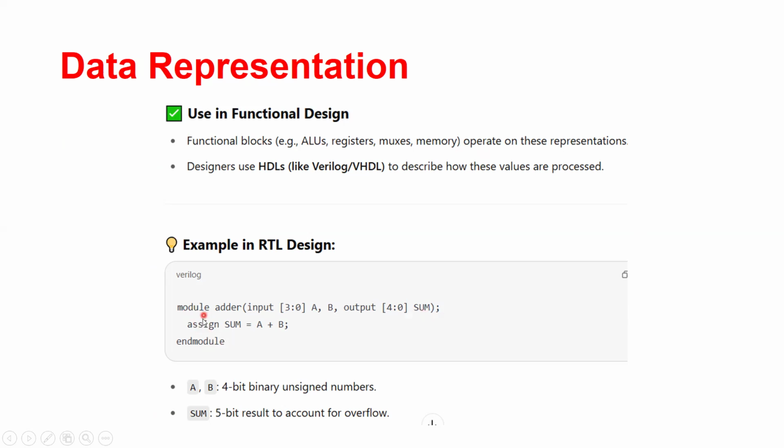So you write this syntax here: assign sum equals A plus B, and then end the module. So sum here is your 5-bit result. That is 4-bit sum and 1 bit to take into account an overflow, if any. So this is how you represent your data in various forms.